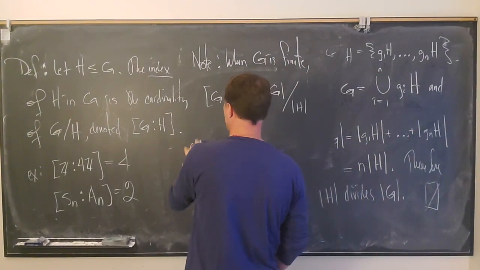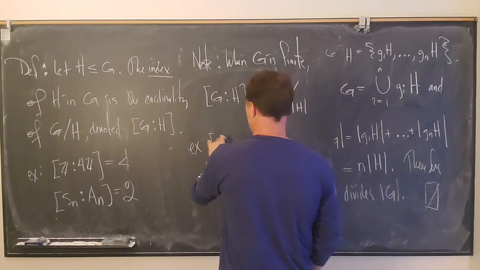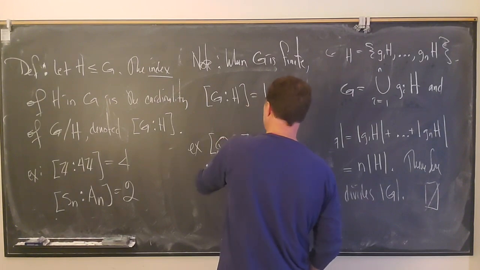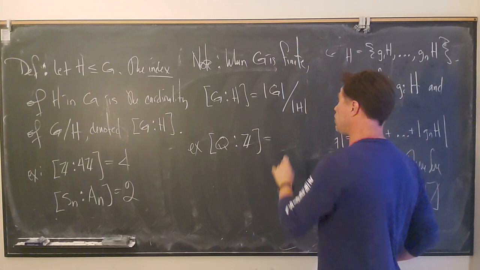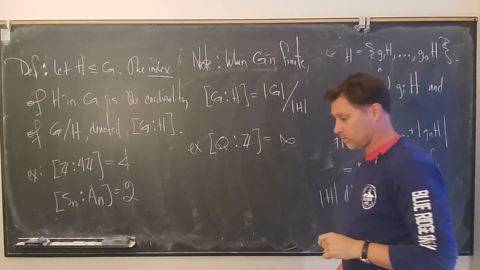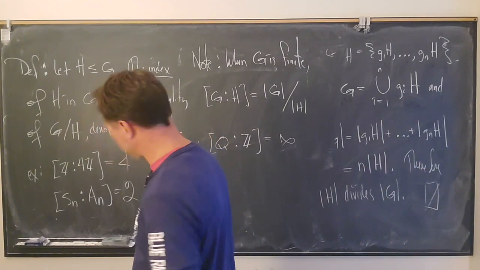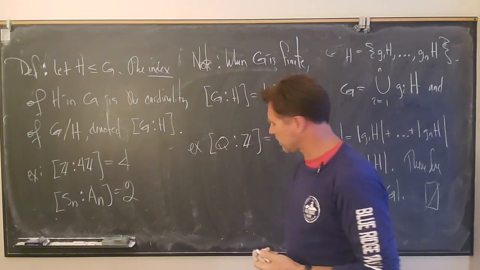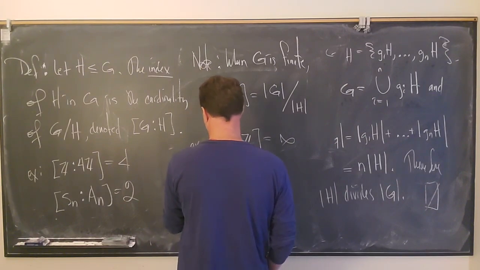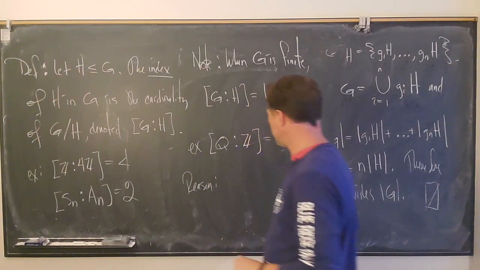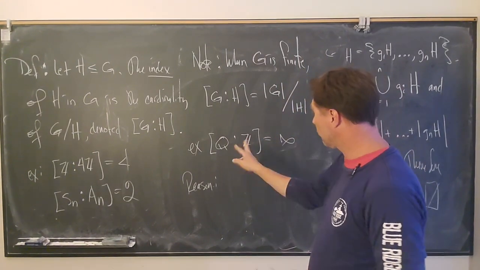Here's an example. The index of the set of integers in the rational numbers, so the index of Z in Q, is infinity. I thought I was going to give it as homework, but I'll just explain why. I need to show you that there's an infinite number of left cosets.